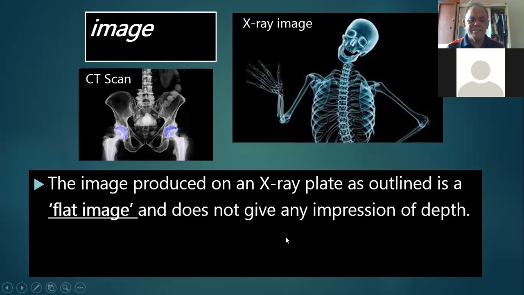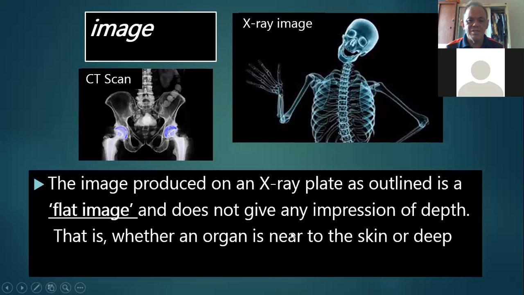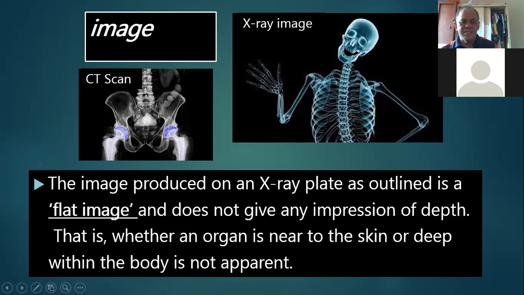Two-dimensional flat does not give you an impression of depth. It doesn't tell you how deep the lung is, or whether the organ is near to the skin or deep within the body. We cannot see. It's not apparent. It's not clear.